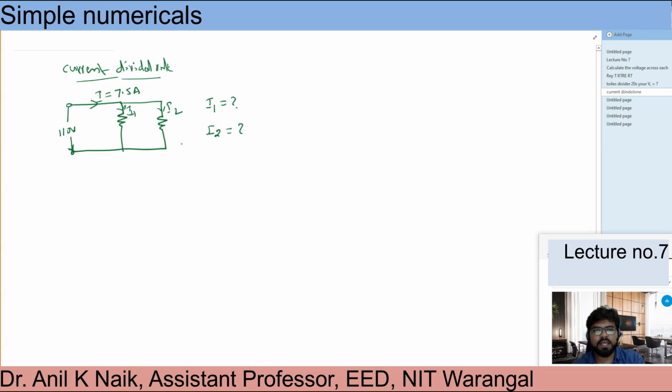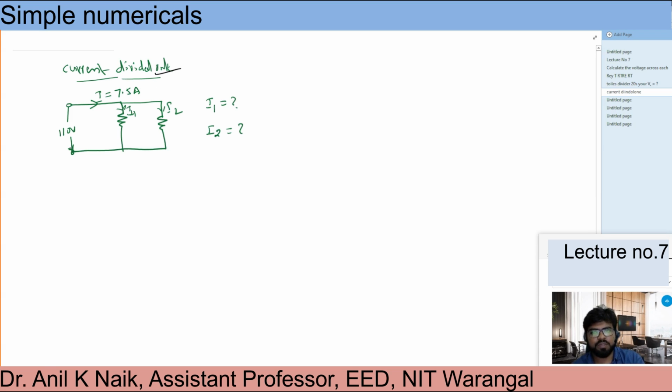If you do the generalized concept here, by using Ohm's law, KVL and KCL, you can see it. I'm not using the current division technique yet; I will use it later.